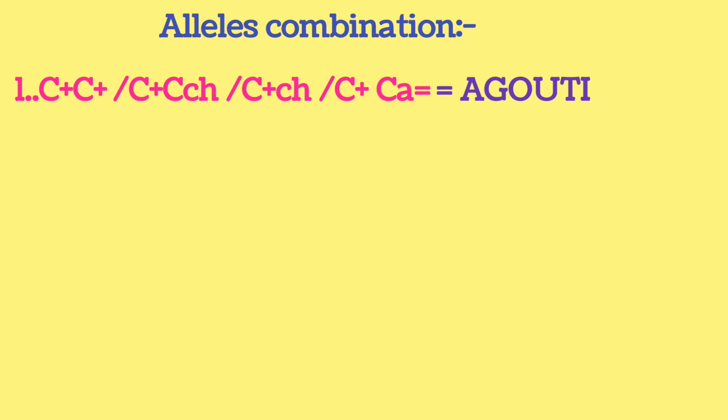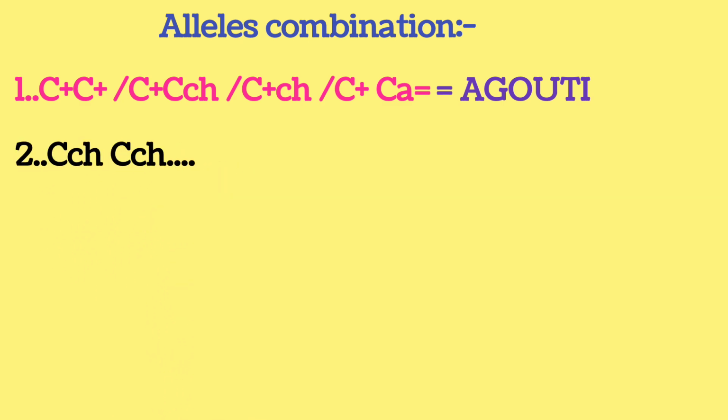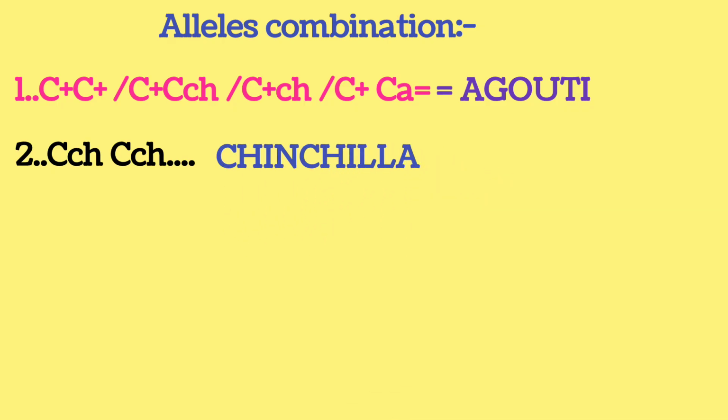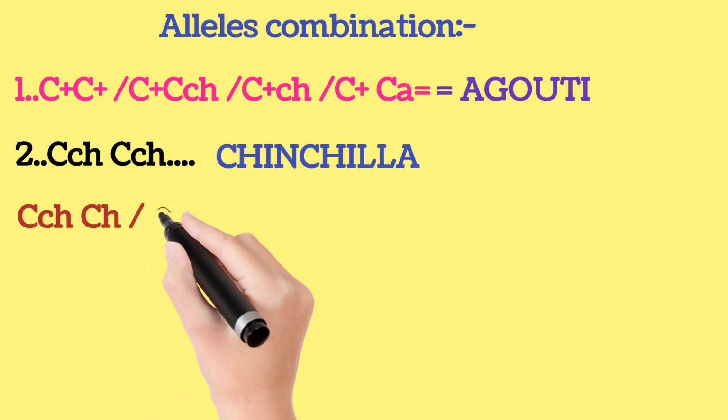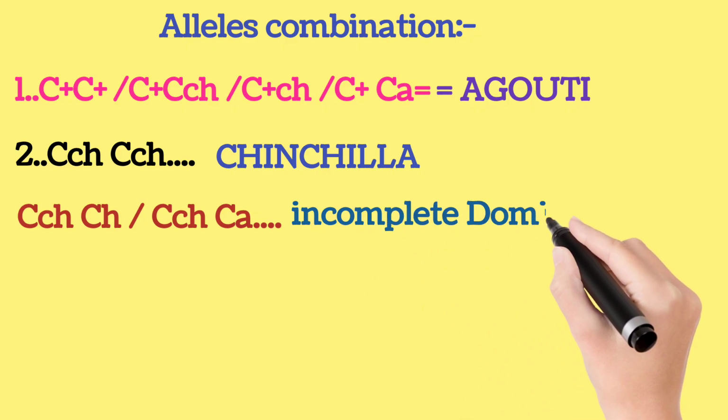Now case number 2, if we have the chinchilla CCH allele, it will form, as we already know, chinchilla color. Now a very important case: chinchilla shows incomplete dominance with Himalayan and albino type. It results in a new phenotype called grey color.